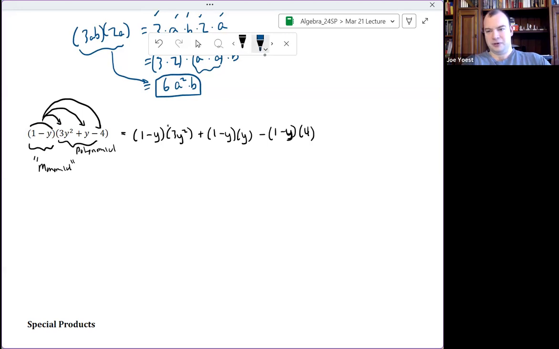And then just like above, we're going to use distributive property again in each of these terms. So we're going to use distributive property 3 more times to distribute the, for instance, the 3y squared term into the 1 minus y, the y into the 1 minus y, and the 4 into the 1 minus y.